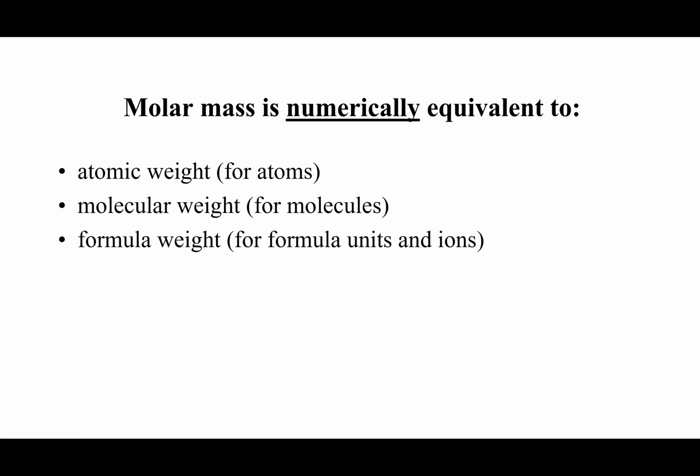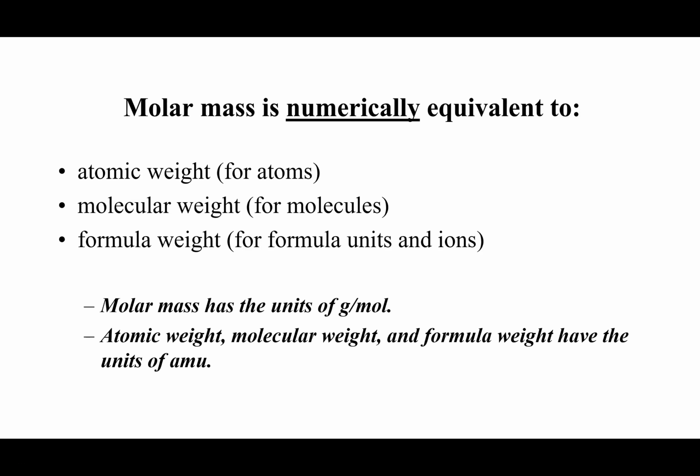And molar mass for ionic compounds is the same number as what you get for the formula weight. You just have to switch units. That number that we just calculated does double duty. It tells how much it weighs in AMUs, and also the grams you need to measure out to get 1 mole of that compound. Okay. So let's do a problem.